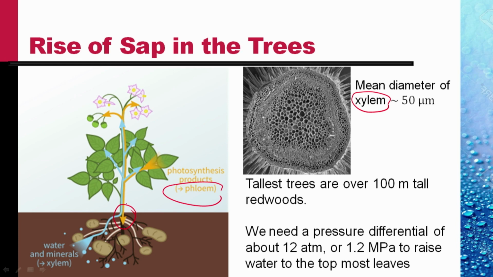Now the tallest trees on earth, the redwoods of California, USA, are over 100 meters tall. We need a pressure differential of about 12 atmospheres or 1.2 megapascals to raise water to the topmost leaves.